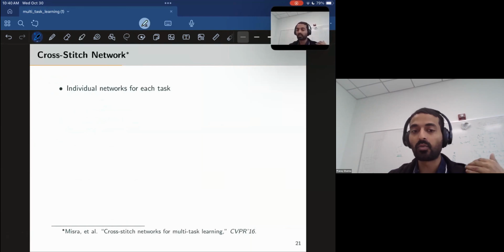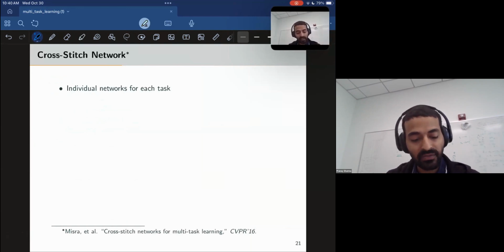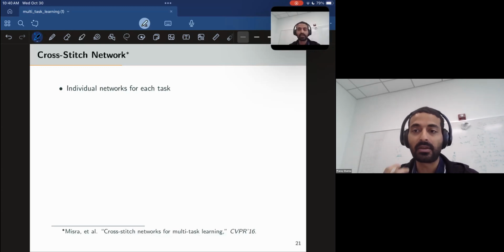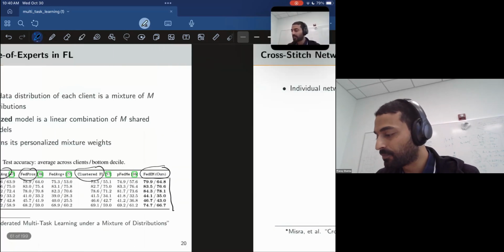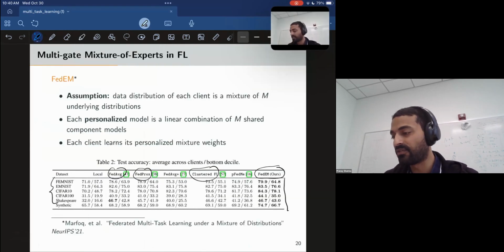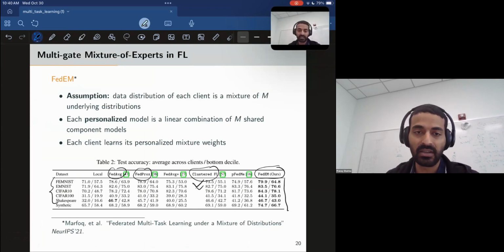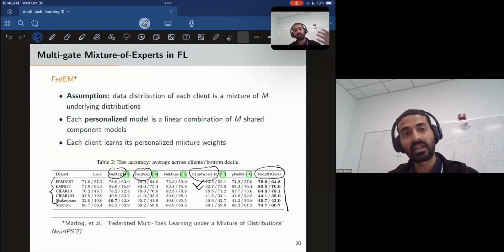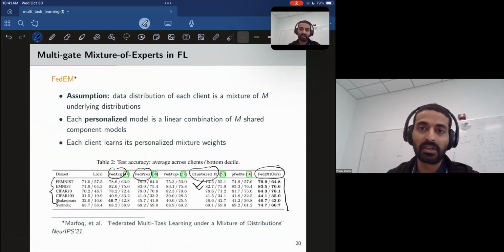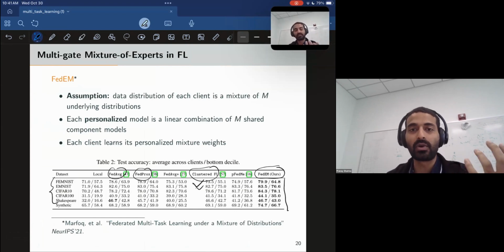It depends on what kind of model you are using, what kind of algorithm we are using, what kind of tasks we are comparing. And as we can see here, for example, this FedEM proposal did better than clustered federated learning, right? But I'm sure there are subsequent papers on clustering in federated learning which have outperformed existing personalization methods. So these are very specific questions.